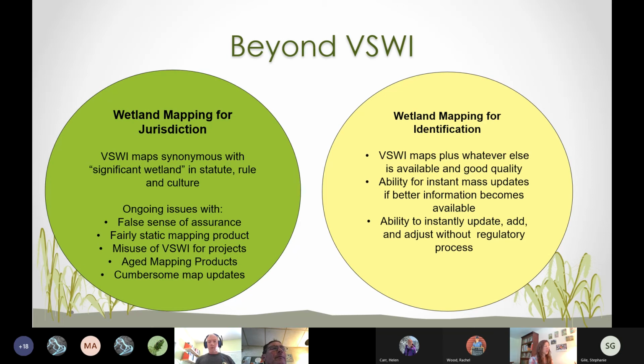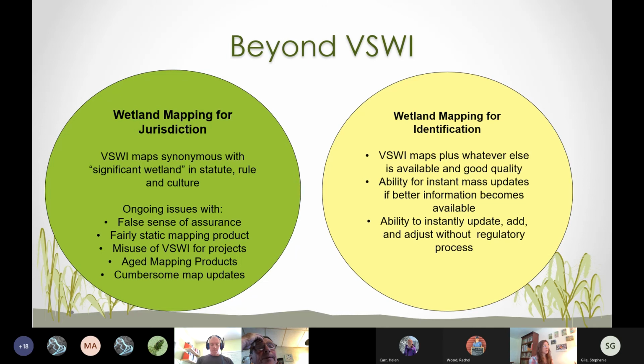And because the VSWI are tied to our regulations, there's a really cumbersome process to add and subtract wetlands from that mapping product. So there's a little bit of a different aspect to mapping, not for jurisdiction or regulation, but simply mapping for identification purposes.